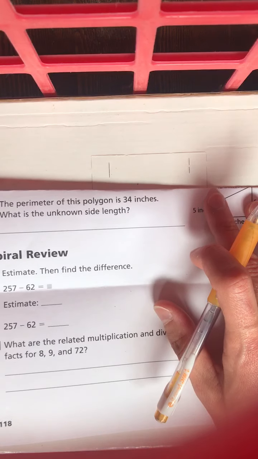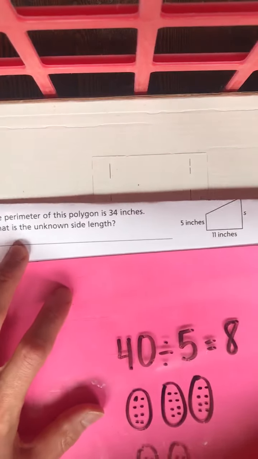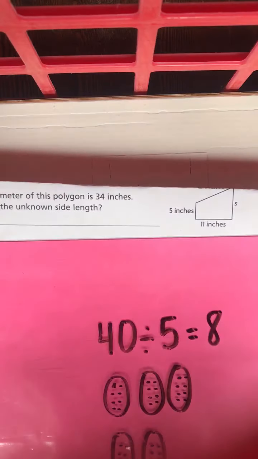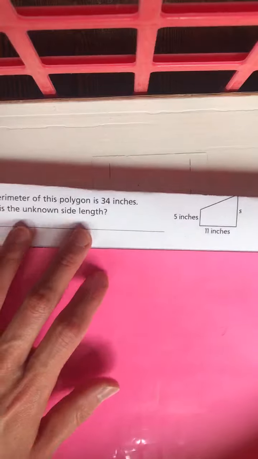Okay, friends, great job. Let's take a look at number 8 together. Okay, friends, so number 8 says the perimeter, I'm just going to cover this up here. The perimeter of the polygon here is 34 inches. What is the unknown side length?